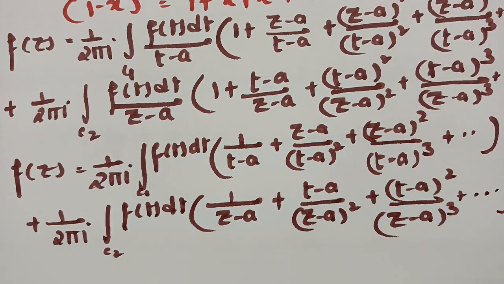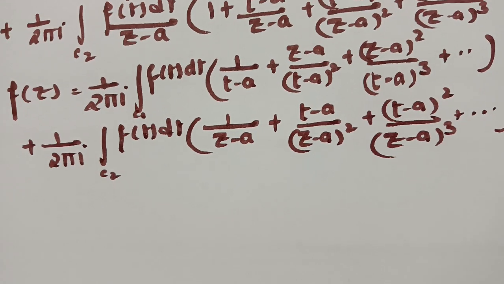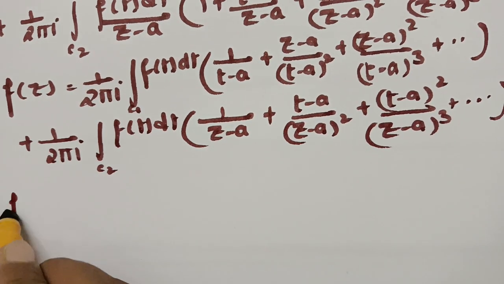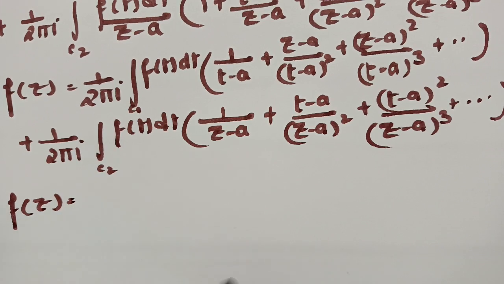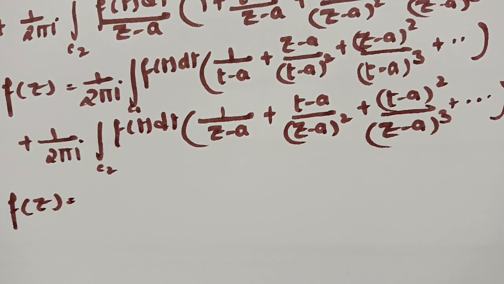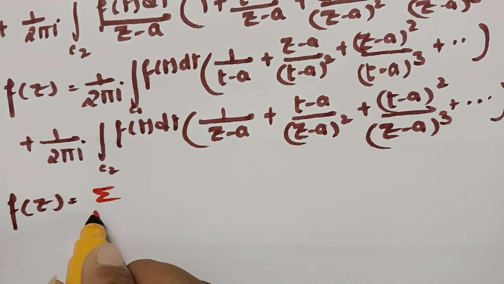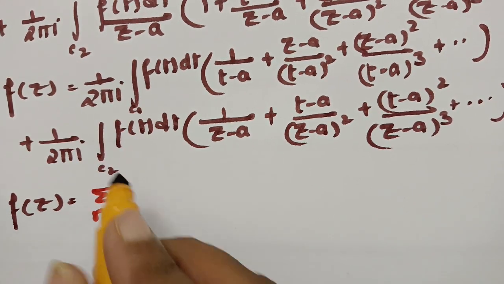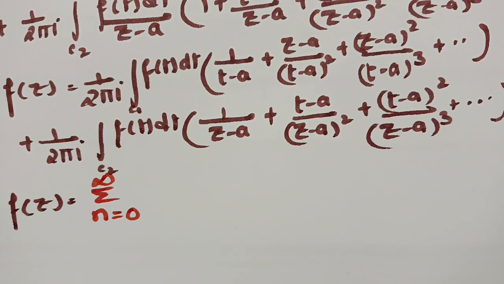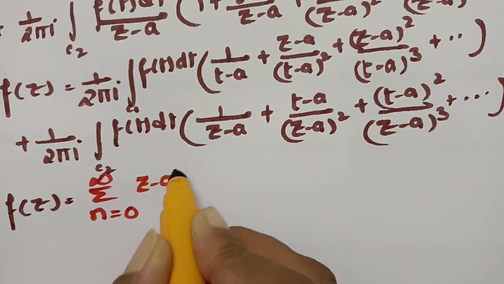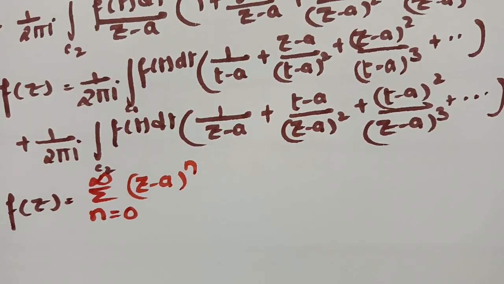Clear? And now I am going to write these two terms as f of z. I am writing this as sigma 0 to infinity, this value will be (z minus a) whole power n. Clear?